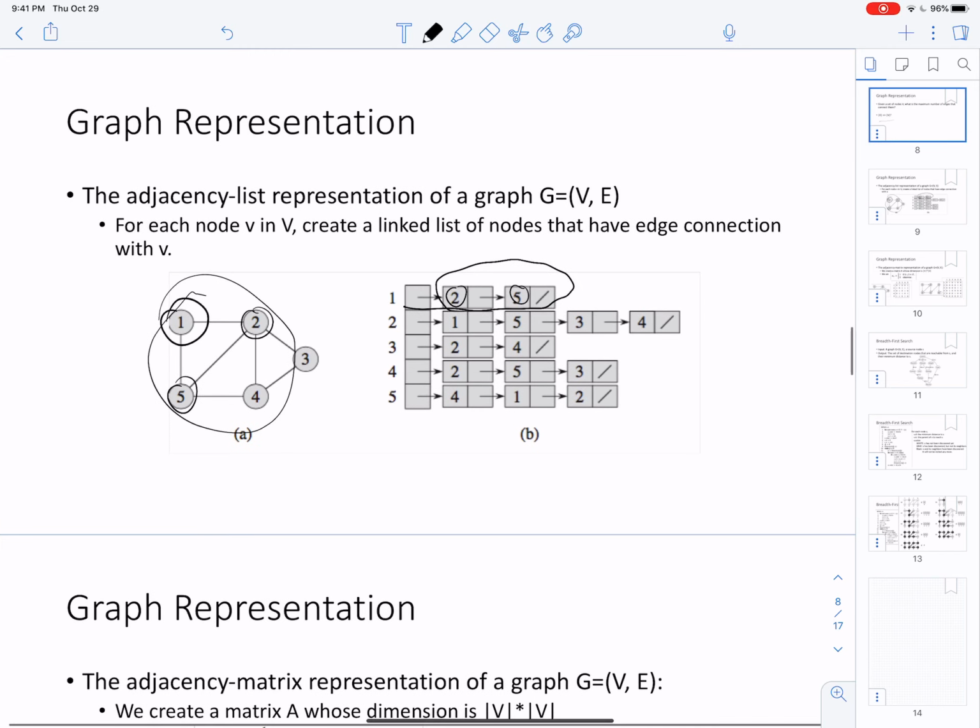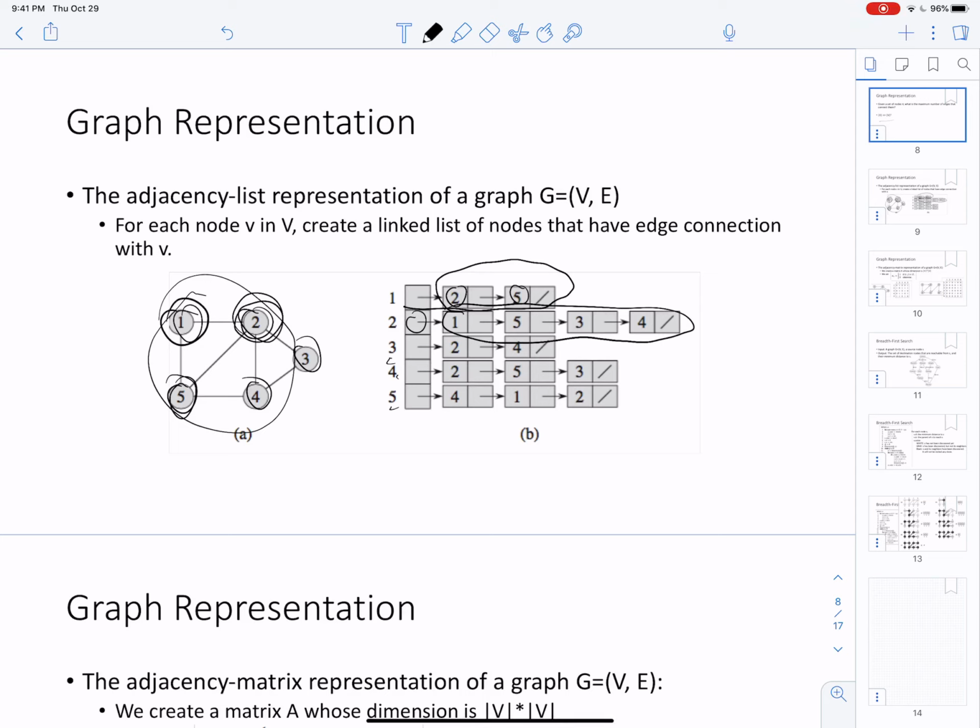And then for node 2, its neighbors include 1, 3, 4, and 5. So for node 2, we create another linked list which stores the values 1, 5, 3, and 4. The same applies for nodes 3, 4, and 5.